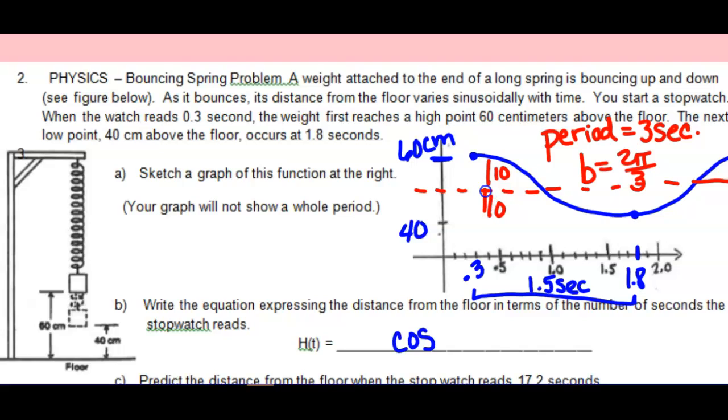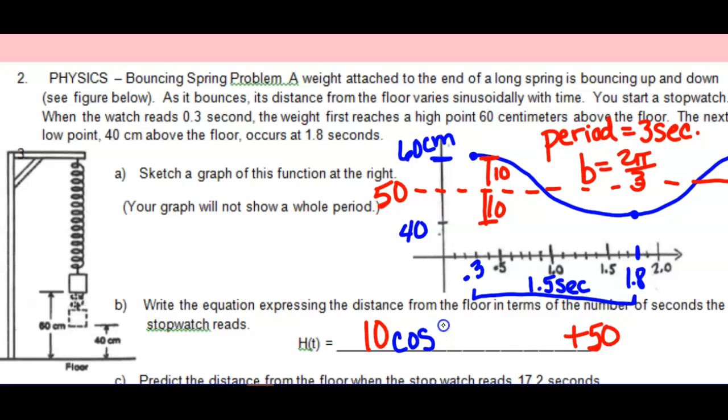So that's the amplitude. The midline between 40 and 60 would be 50, and that goes at the back. I think we got everything. It's a cosine graph.